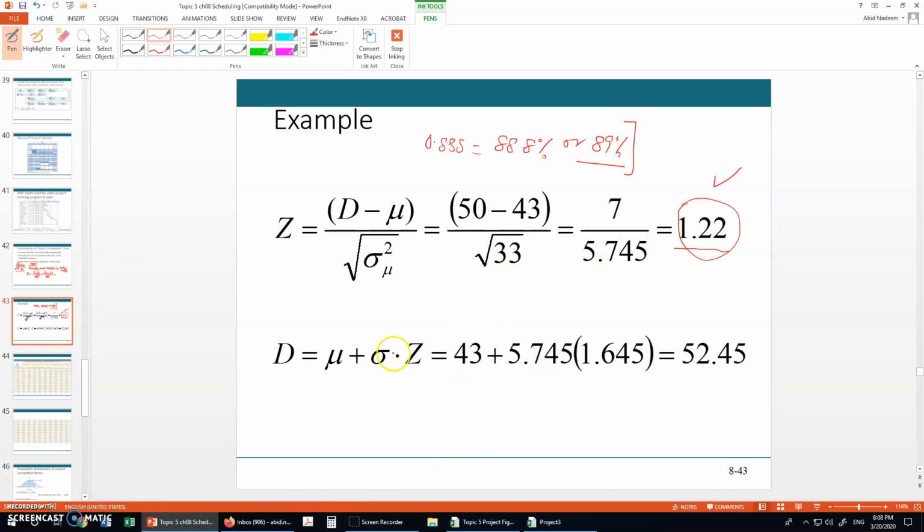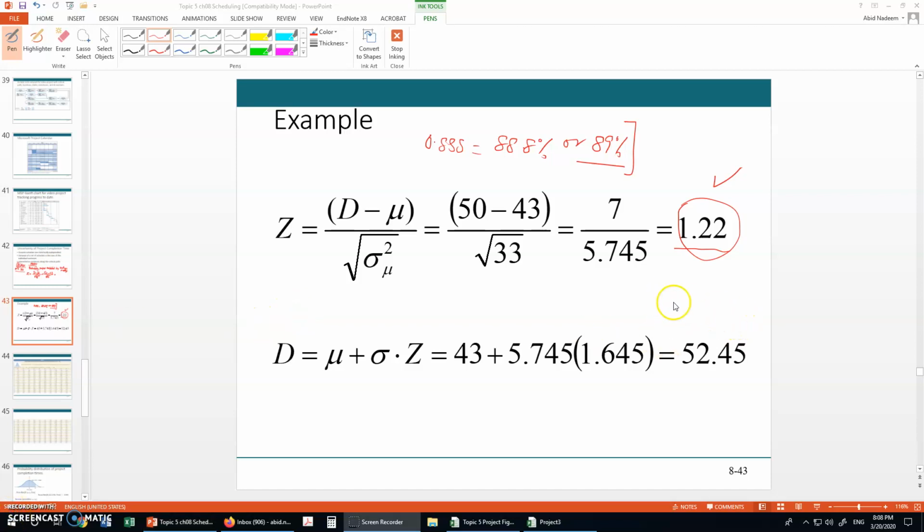This is for another situation. In this situation, it is asked: what is the chance for the completion of the project?